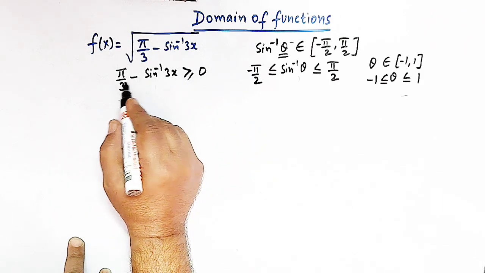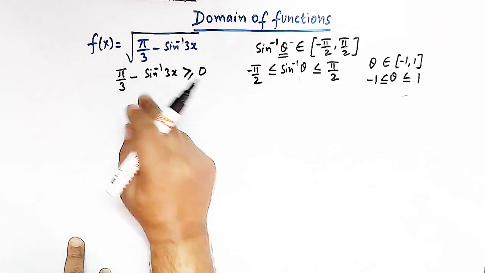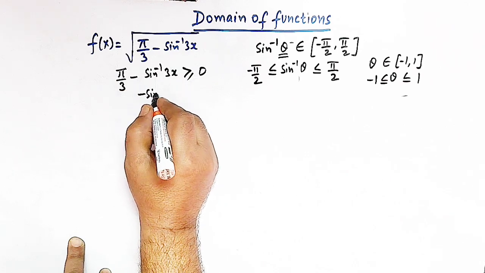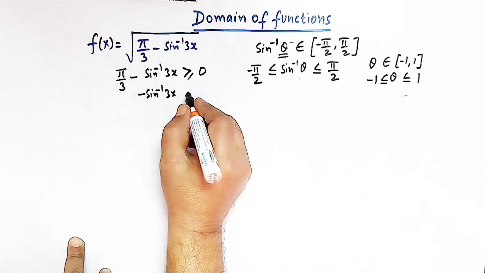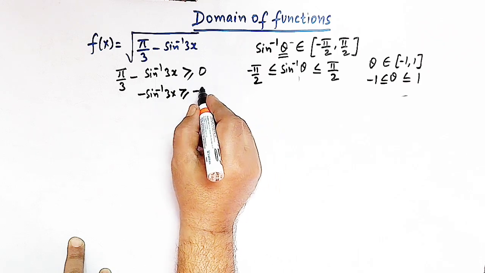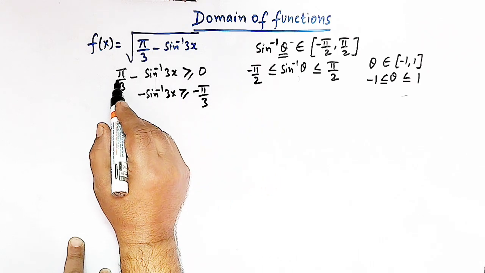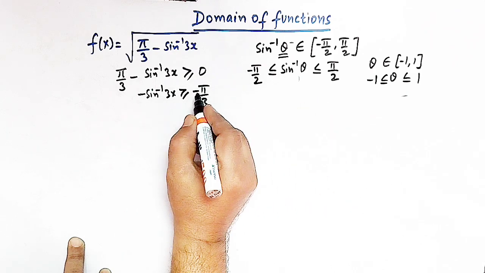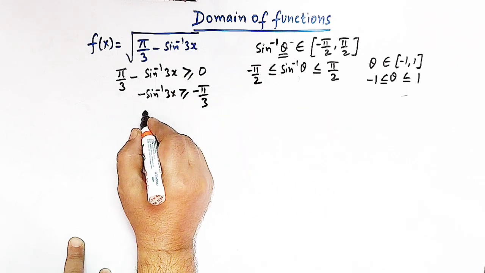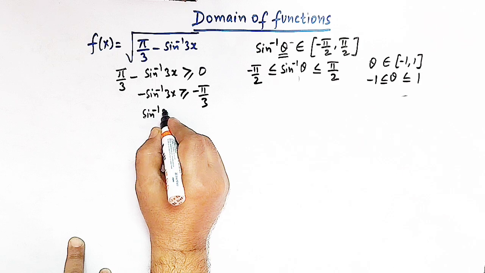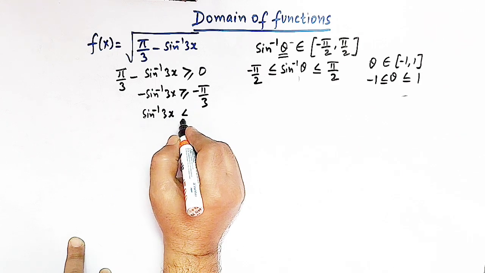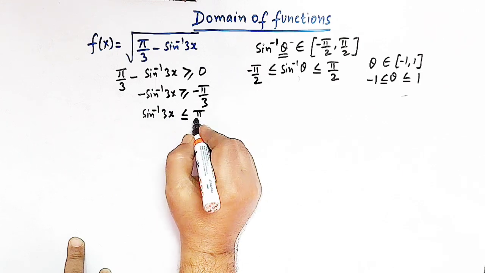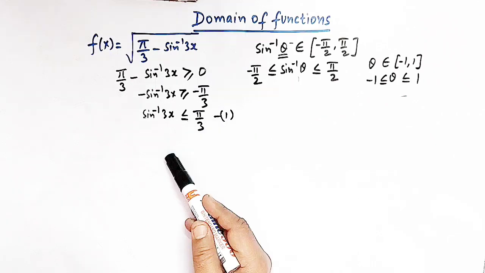We can also write this inequality as minus sine inverse 3x greater than or equal to minus pi by 3, taking pi by 3 to the right hand side. Now cancelling the negative signs, we have sine inverse 3x less than or equal to pi by 3.